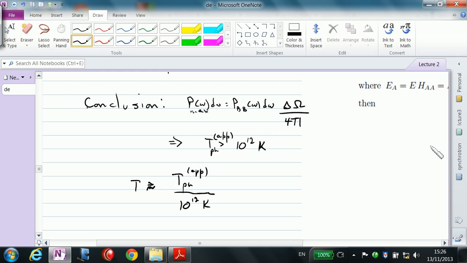And for gamma ray bursts, you had the same problem, and it was even worse.